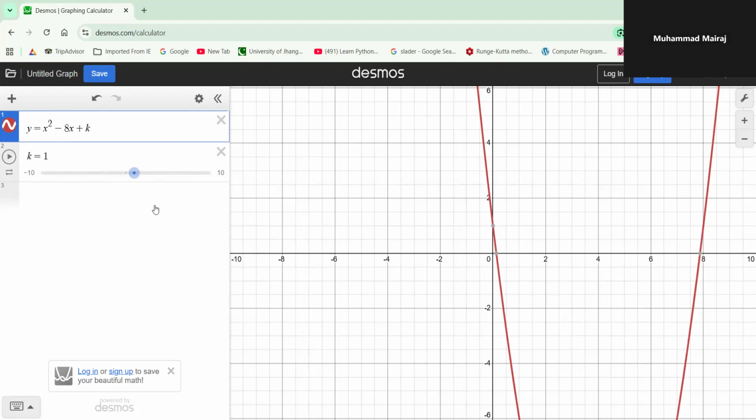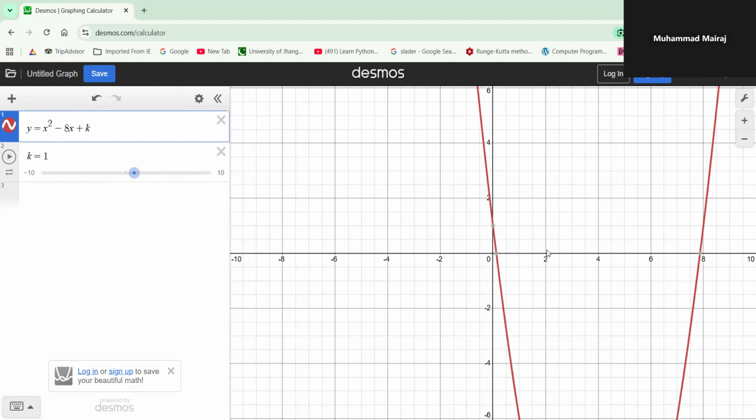Now, think graphically. This equation means we are looking for the x-intercepts of the parabola. For exactly one solution, the parabola must touch the x-axis, this is the x-axis here, at exactly one point. So we want the parabola's vertex to lie on the x-axis.